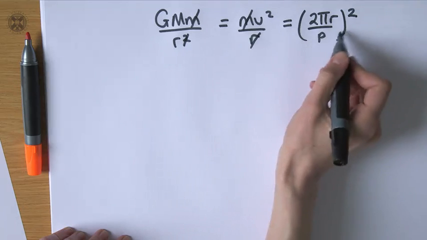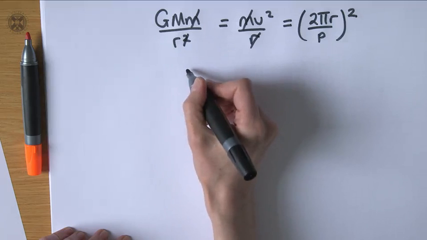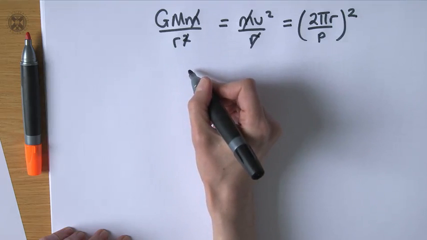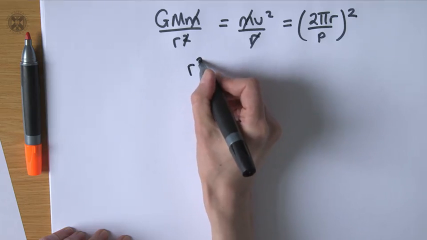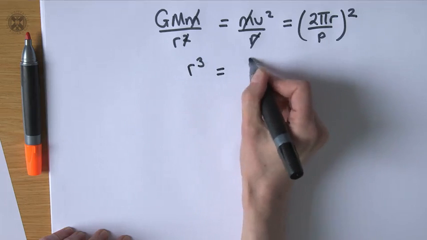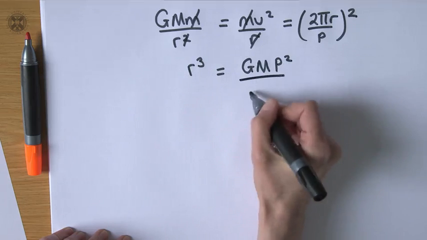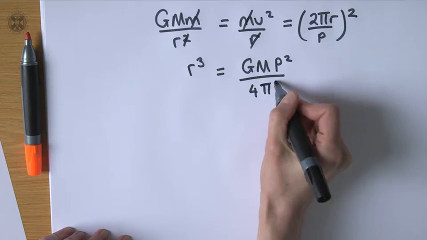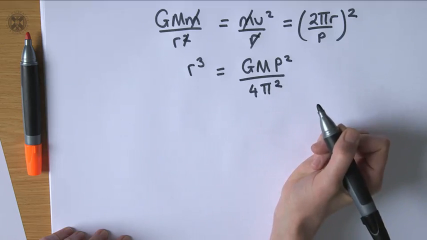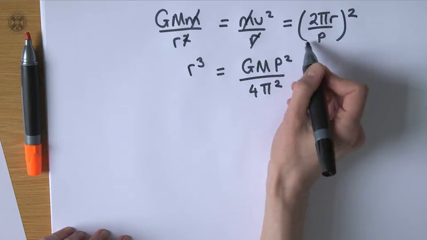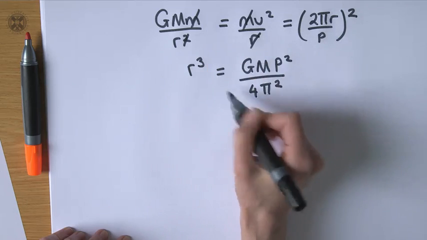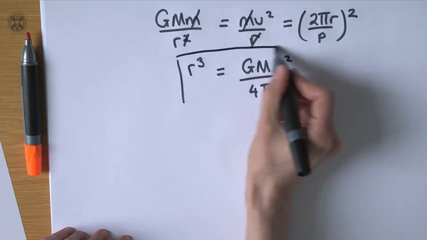Okay, so now I can rearrange this, and what I will find is that I get r cubed is GM P squared on 4 pi squared. And I'll leave that as an exercise for you at home to see if you can rearrange that equation to give you that result.